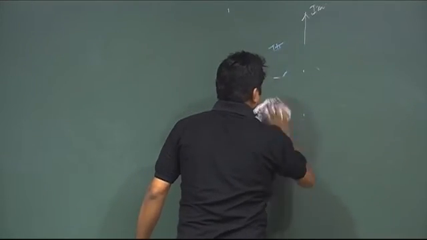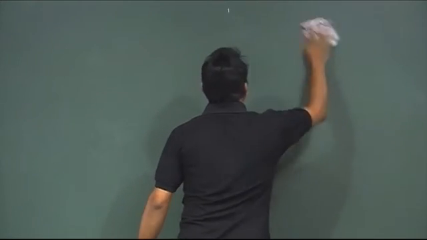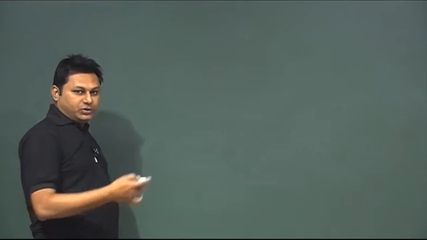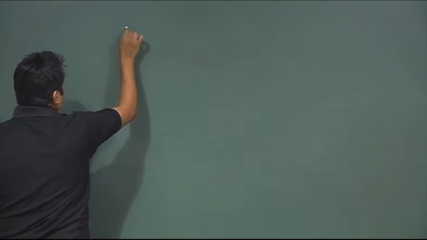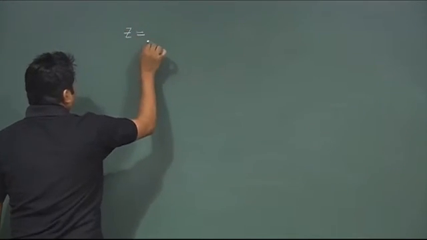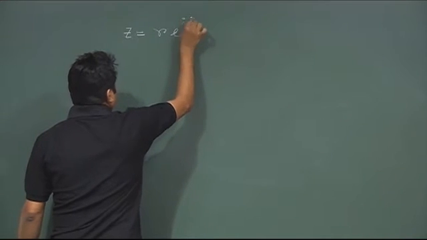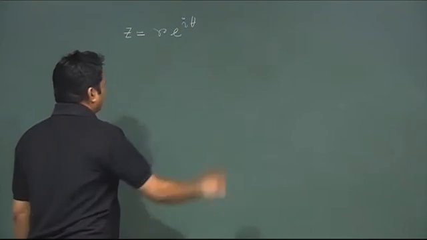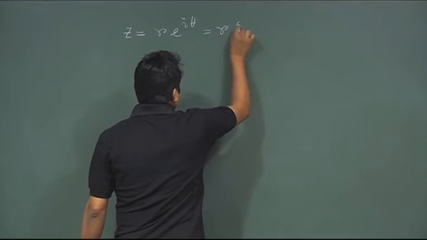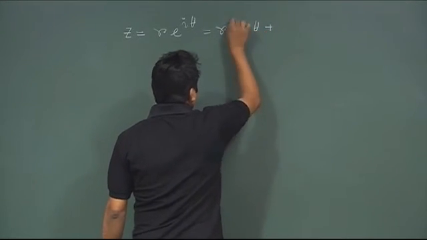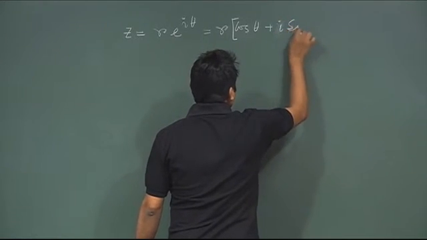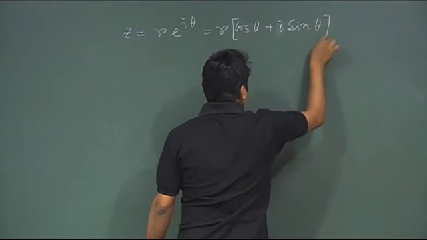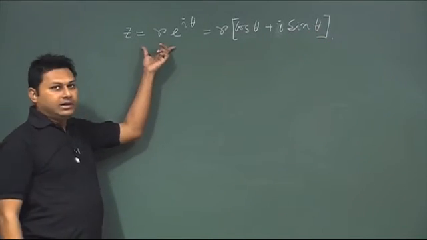After that, I would also like to mention one thing. This is important, this principal value, principal argument, we are going to use soon. But before that, let me write something. So, z was represented by r e to the power i theta, which is r cos theta plus i r sin theta, right.